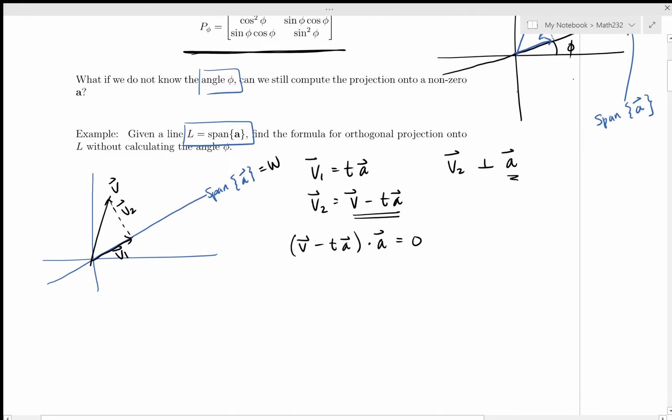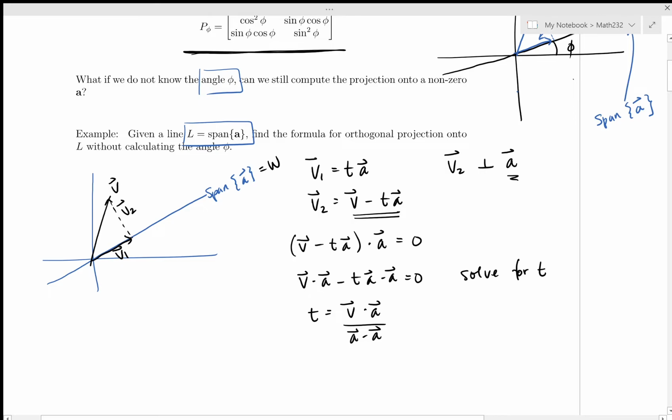So I can distribute that out: V dot A minus T times A dot A is equal to 0, and then I can solve for T. That gives me that T is equal to V dot A divided by A dot A.